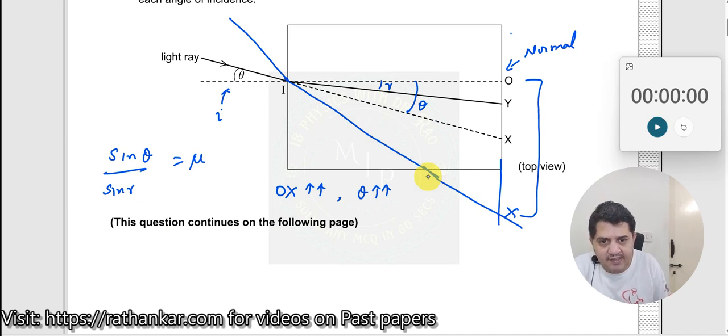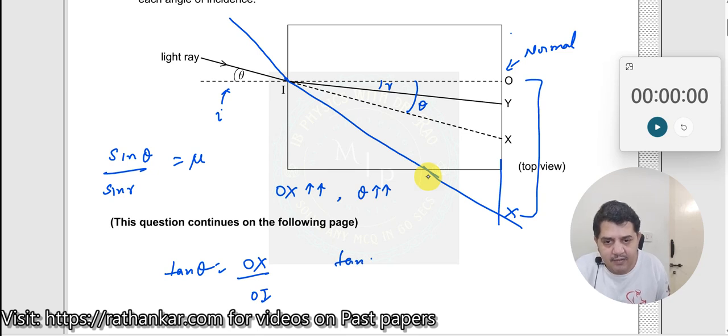If this angle is theta, I can write tan theta is equal to Ox divided by Oy, and tan R is equal to Oy divided by Oy. This is your Oy. You are taking this triangle, right?